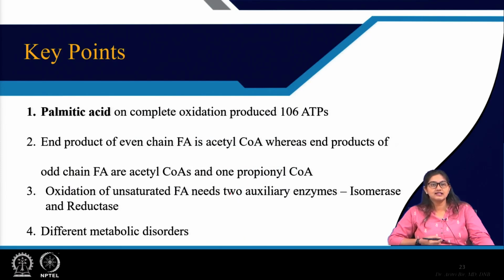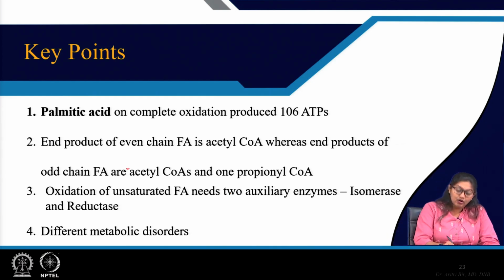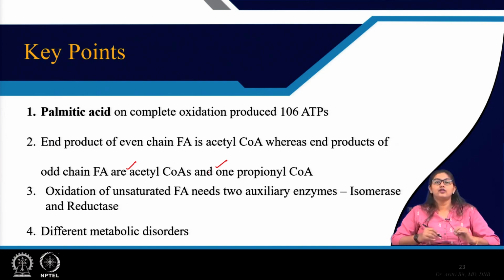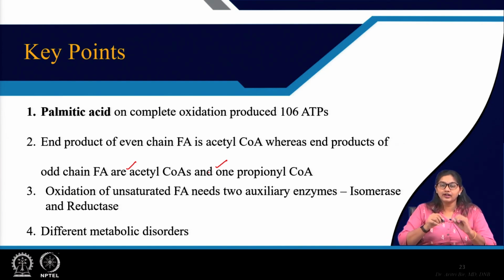So, what we have discussed is the bioenergetics of palmitic acid. On complete oxidation, there is 106 ATPs which are produced. The end product for even chain fatty acid is all acetyl coenzyme A, but in case of odd chain fatty acid, the end product is all acetyl coenzyme A and one propionyl coenzyme A. Then oxidation of unsaturated fatty acid we have discussed, where two additional important enzymes are required.